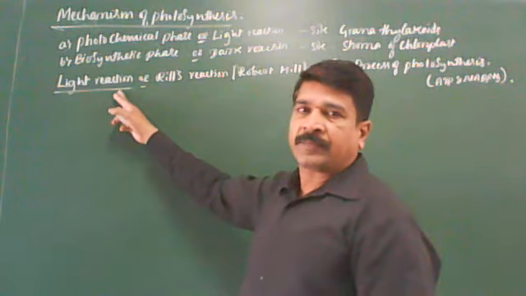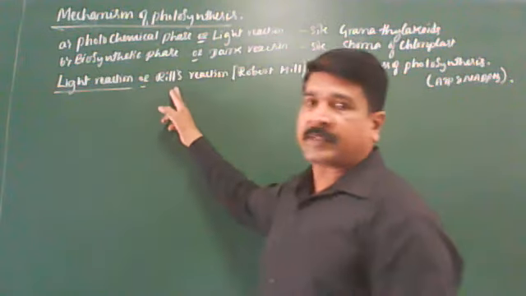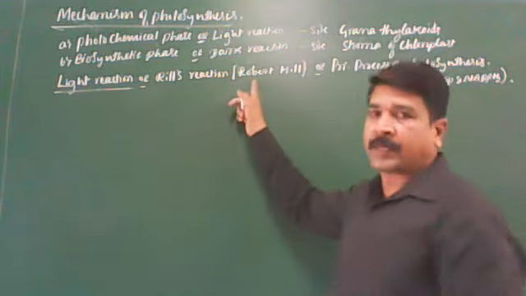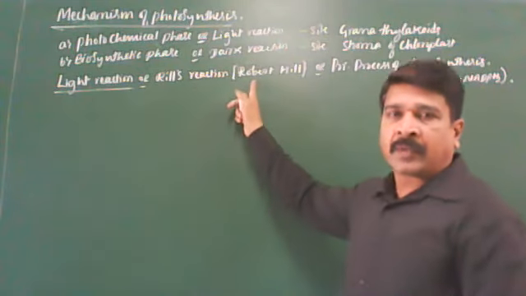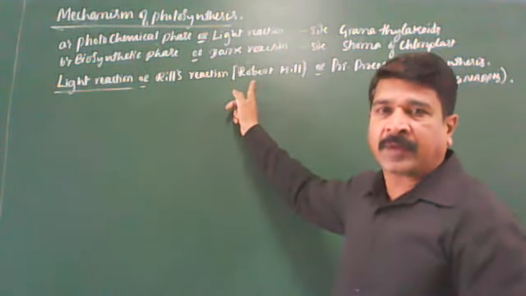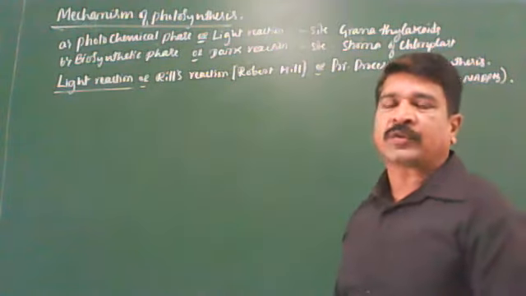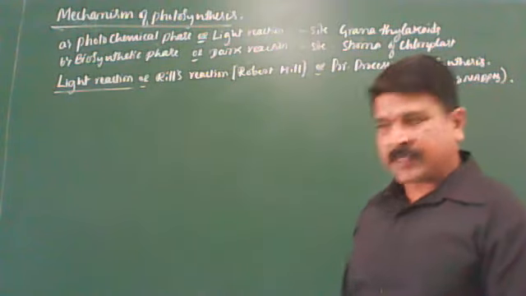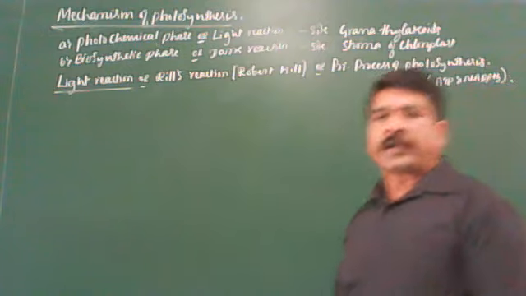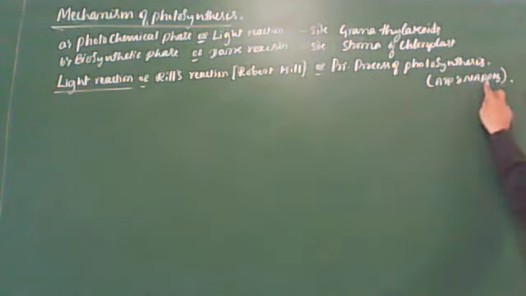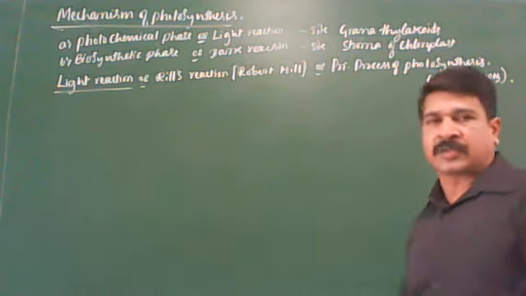Light reaction is also called Hill's reaction, named after the discoverer Robert Hill. It is also called the primary process of photosynthesis. This is because the products of light reaction, ATP and NADPH2, are utilized in the dark reaction.